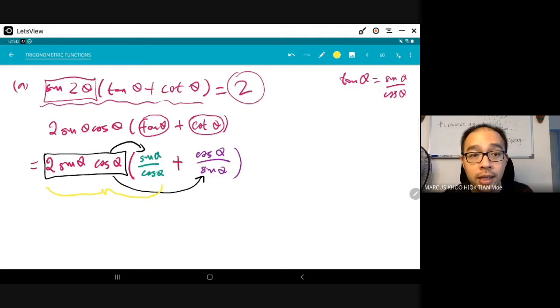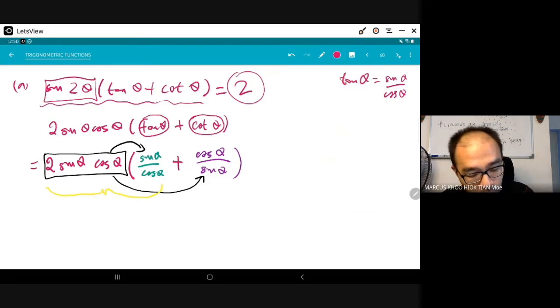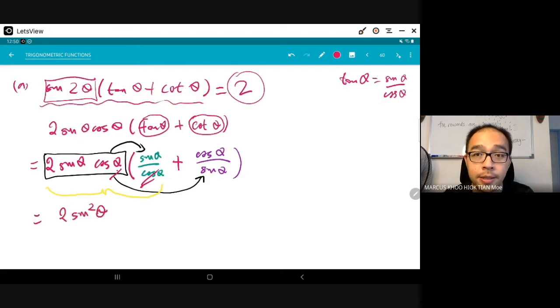2 sine theta cos theta times sine theta over cos theta. You're going to have this cos theta and this cos theta cancel each other. So on the yellow side, you're going to get 2 sine squared theta, because sine theta times sine theta is sine squared theta. The cos theta is cancelled.